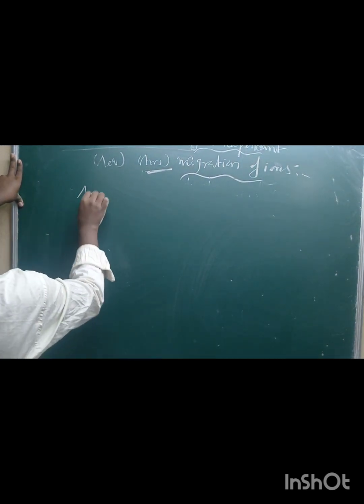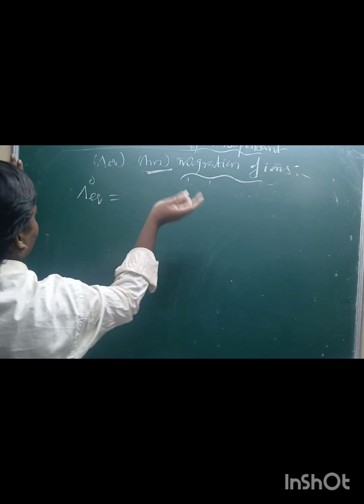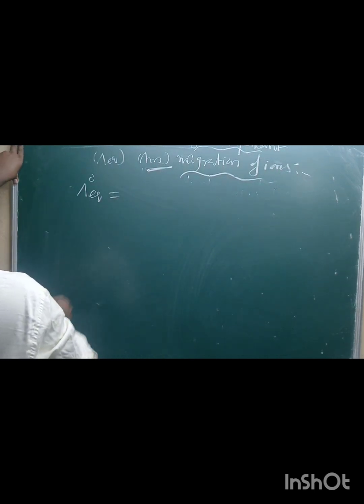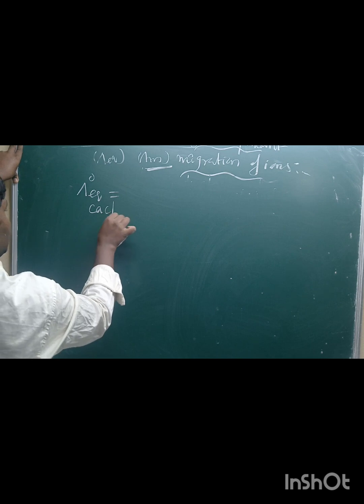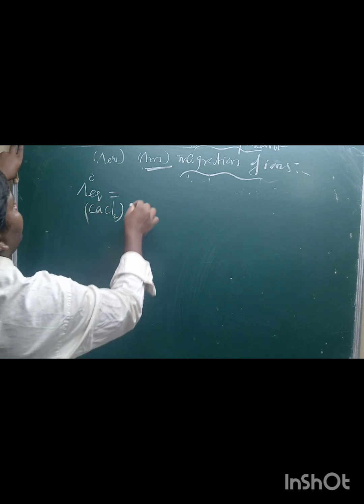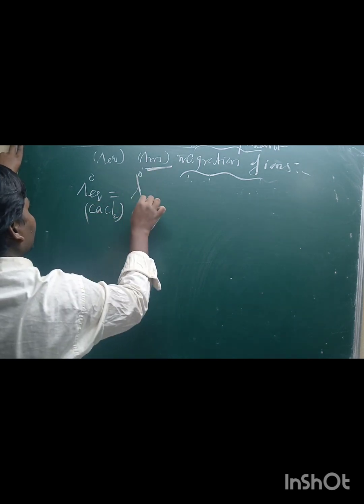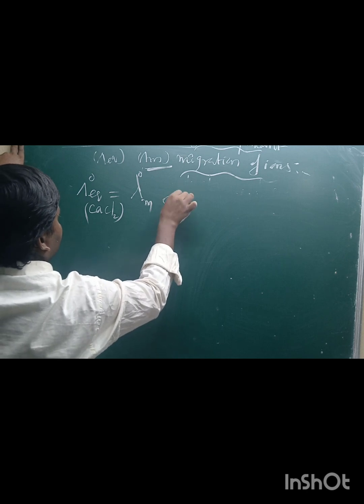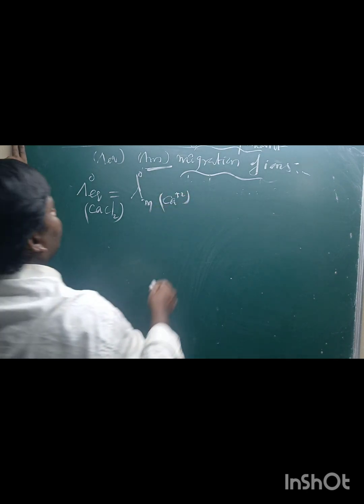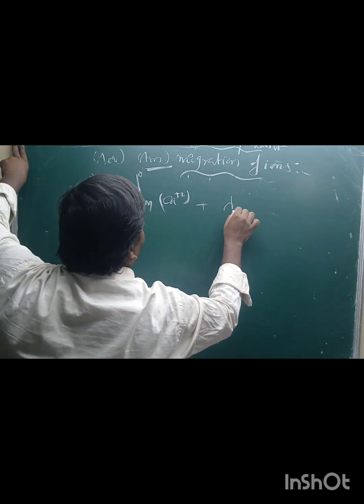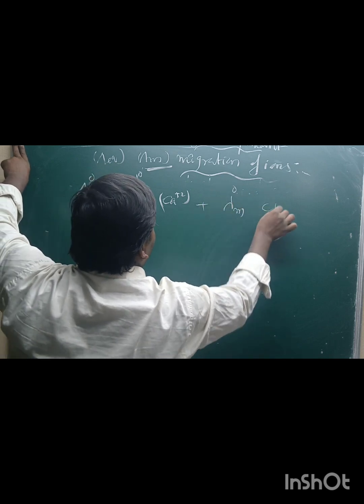For example, if equivalent conductance is given, how to convert? For example, CaCl2 is there, then it can be converted into molar conductance of Ca plus 2 and molar conductance of Cl minus.